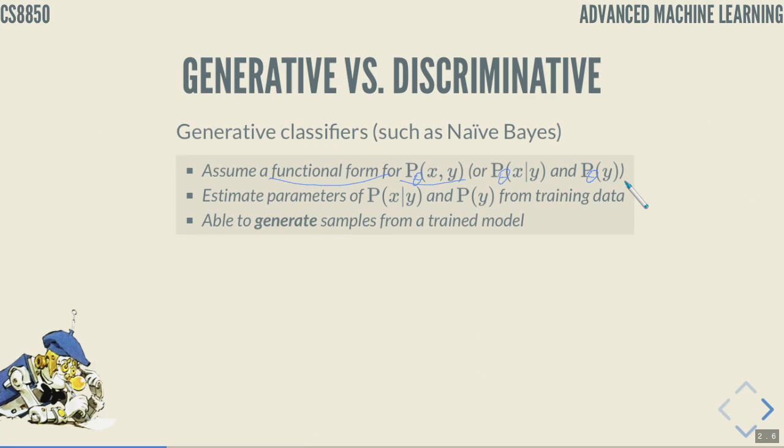And after doing so, not only can generative classifiers classify the data into classes that they were trained on, but they are also able to generate samples from the trained model, because we can randomly sample from this distribution first which class it is, then plug this class into the likelihood and sample the data according to the distribution given the class that we have just sampled.